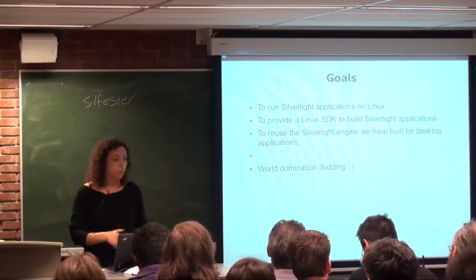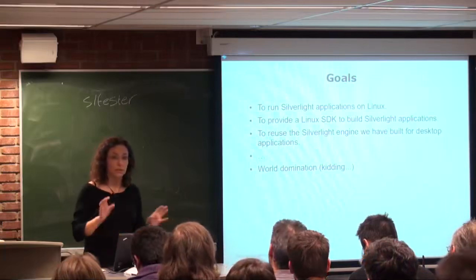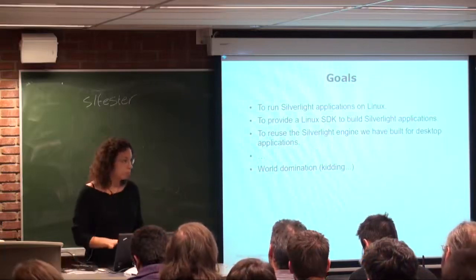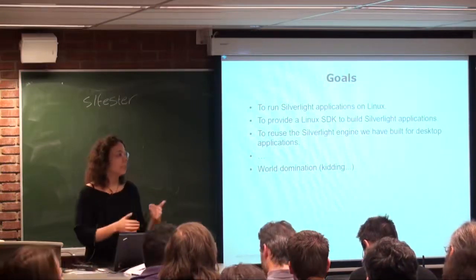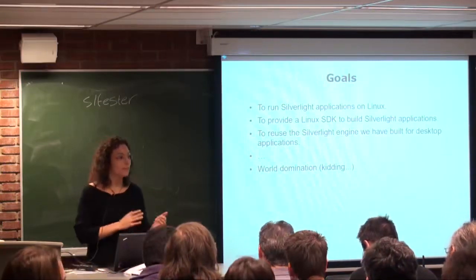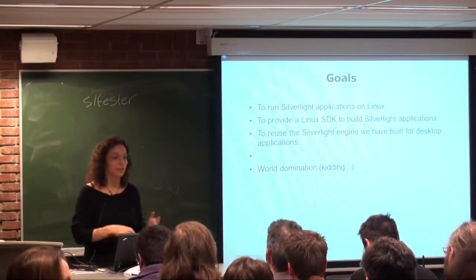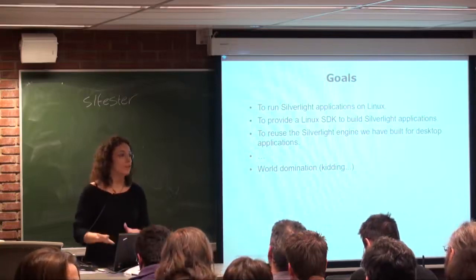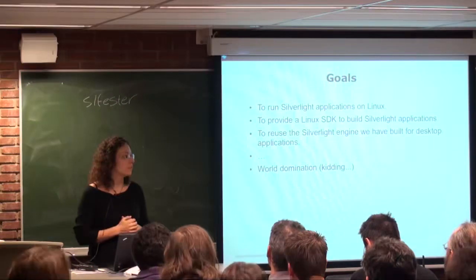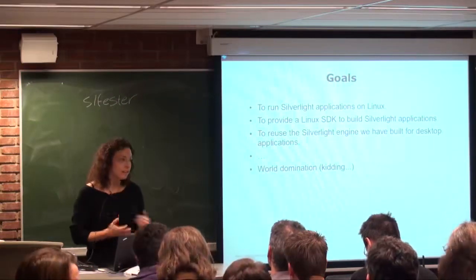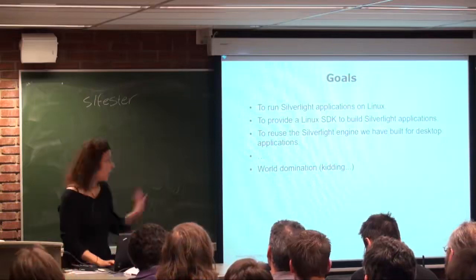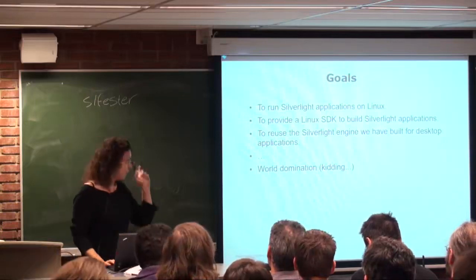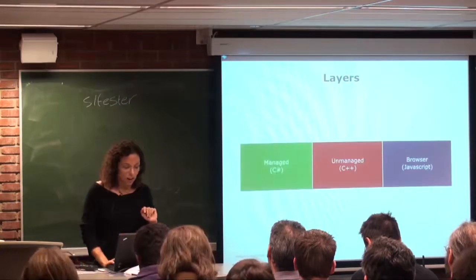Originally, Moonlight 1.0 was completely JavaScript and a runtime, no C#, no anything. But as we plugged in the good parts, which is the C# and the runtime and everything, you cut down on the web technologies a bit. So it's easy to do the translation between one and the other. So I like that goal. I like the other ones too. That one's my favorite.